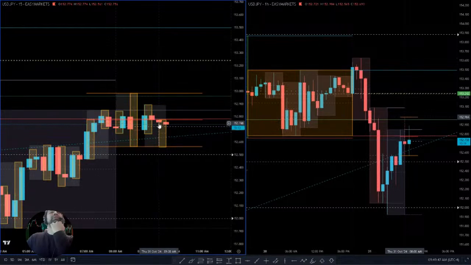Price then came back and closed there, right? And this new 15 minutes is forming. The 5 minutes is about to close, and if there is a continuation in this, we can even aim for the 153 level. Really important.